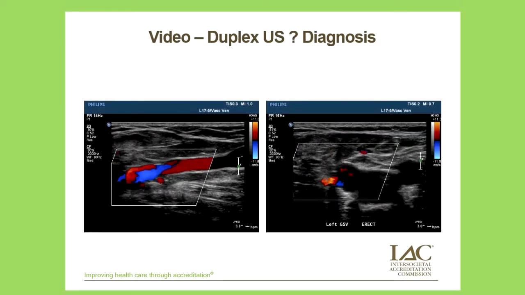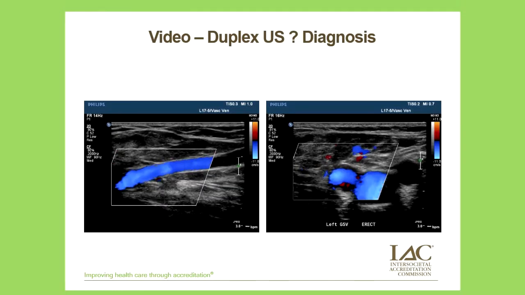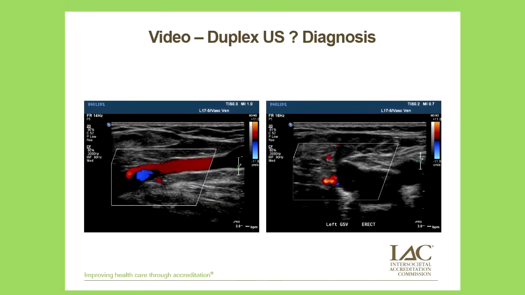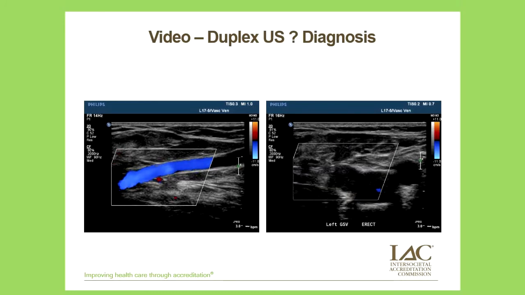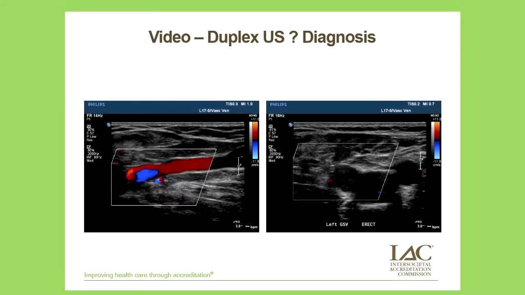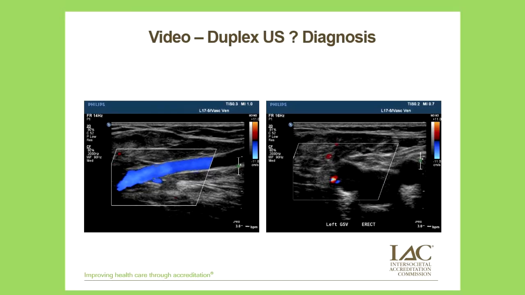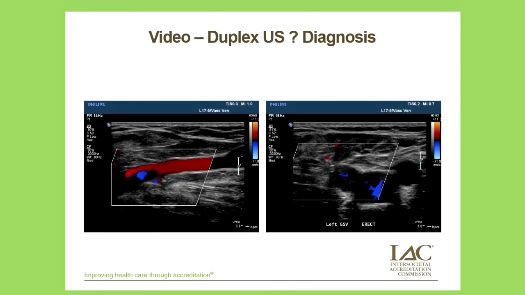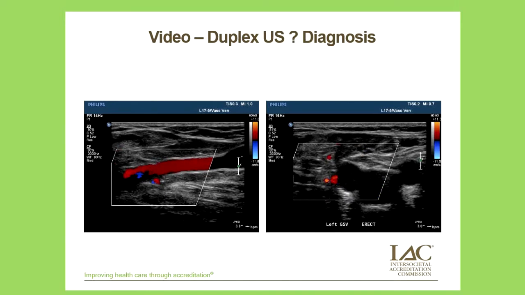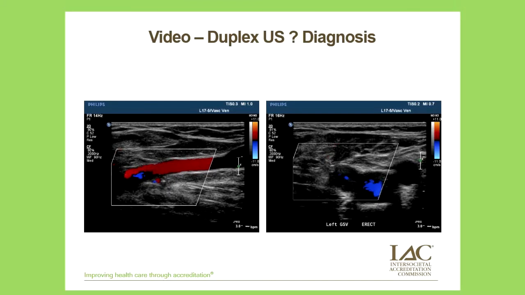So it might just be at the terminal valve it's incompetent due to pelvic draining tributaries. So here's an example of that, and to the left of the screen is a patient doing a Valsalva in longitudinal. And so you look at that and you say, okay, well, that patient has reflux. Yes, they do. But if you go in transverse to the right of the screen and the patient does a Valsalva, you can see there to the left of the GSV a small tributary coming in, and that patient had pudendal vein reflux that then escaped through the GSV.